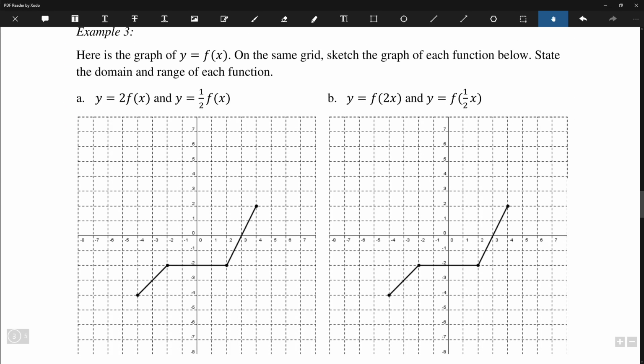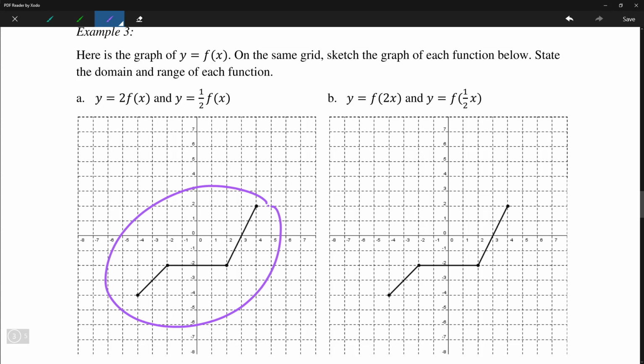We have here a function, this one right here, and it's going to undergo some stretches. In the first example, example 3a, we have y equals 2 times f of x, and then y equals 1/2 times f of x. To make it more clear, we are once again going to use the key points on the graph in order to vertically or horizontally stretch it.